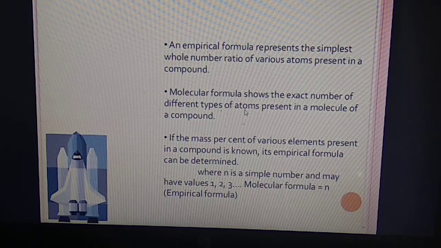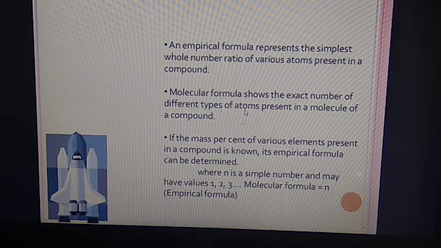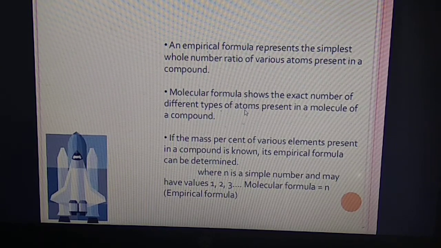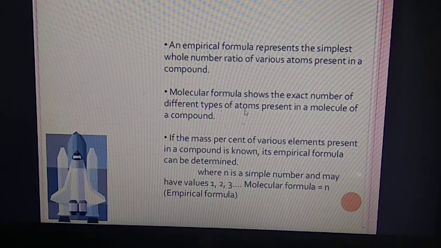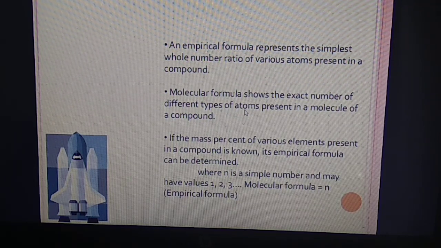The empirical formula is actually a whole number ratio. What is the ratio of hydrogen and oxygen here? But the molecular formula means the accurate number of atoms of the elements present in the compound. The empirical formula is the simplest whole number ratio, not the correct number of atoms.